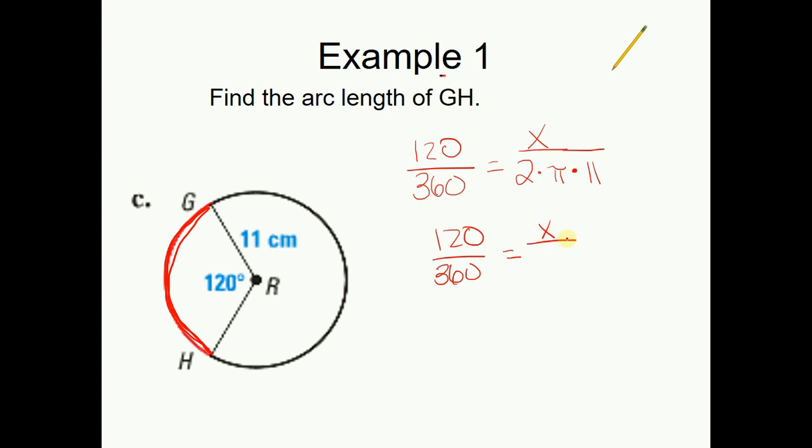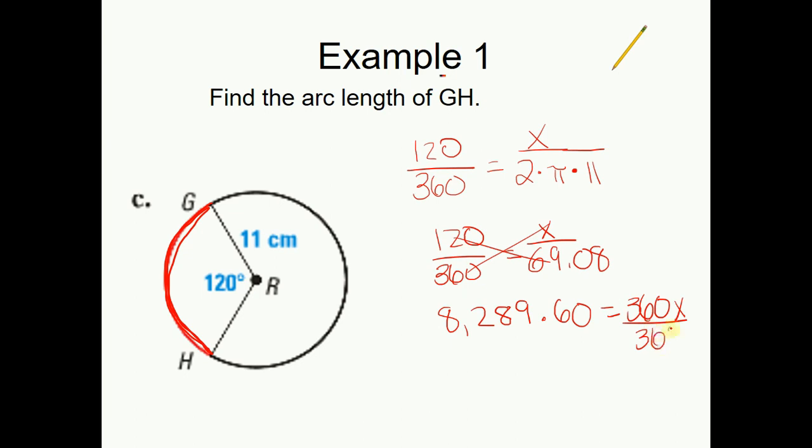2 times pi, 3.14 times 11, 69.08. That's the circumference of my entire circle. How can I solve for x? Well, it's two ratios equal to one another, right? So cross multiplication would work. So 120 times 69.08 is 8,289.60 equals 360 times x, right?